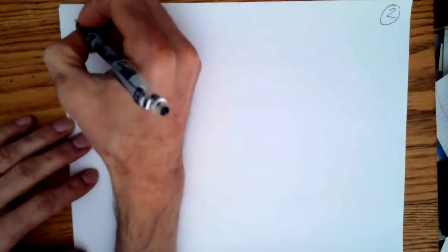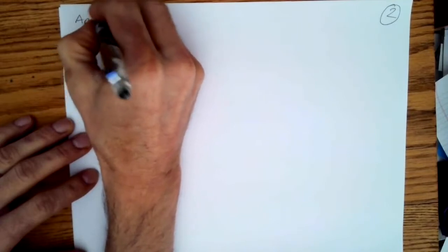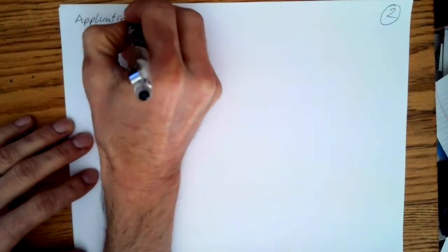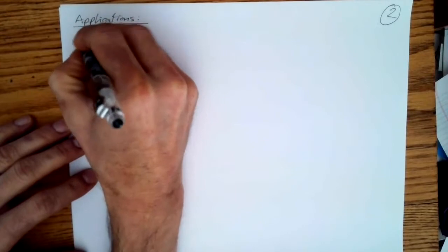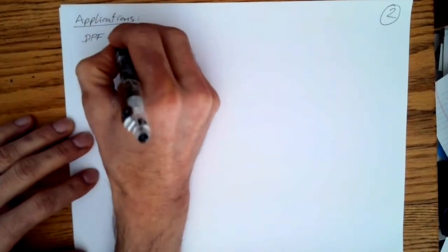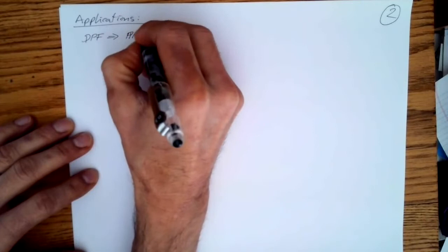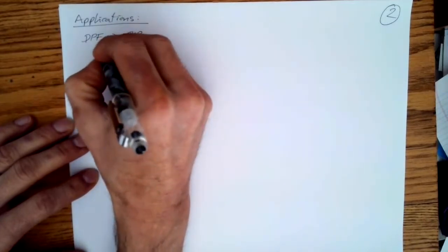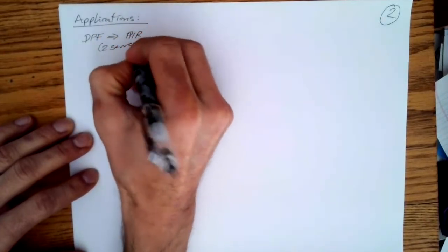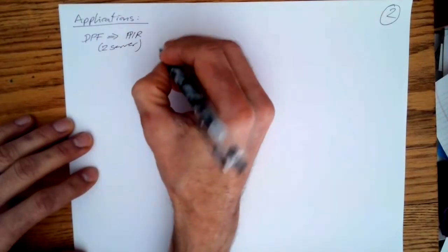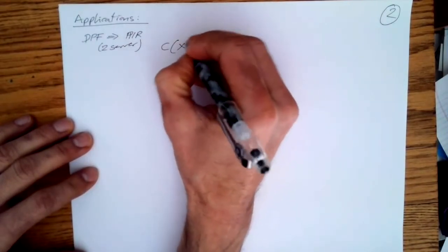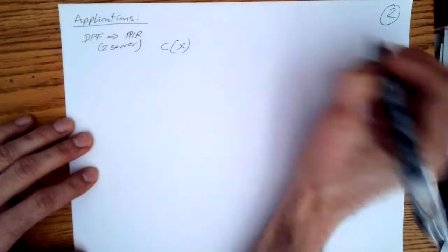So let's see how to use this. Let's motivate this by use. A distributed point function gives you an immediate PIR, private information retrieval, specifically two-server private information retrieval. So what's a PIR? The client has an argument, and it's a two-server PIR.